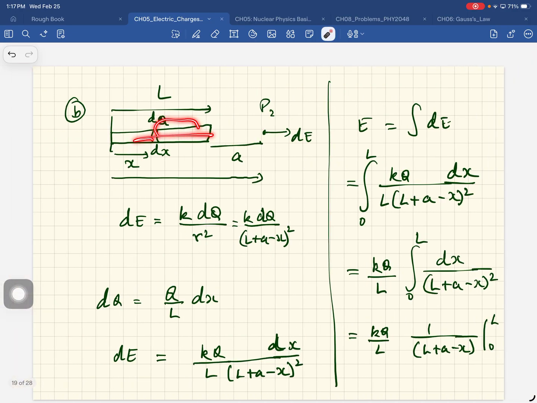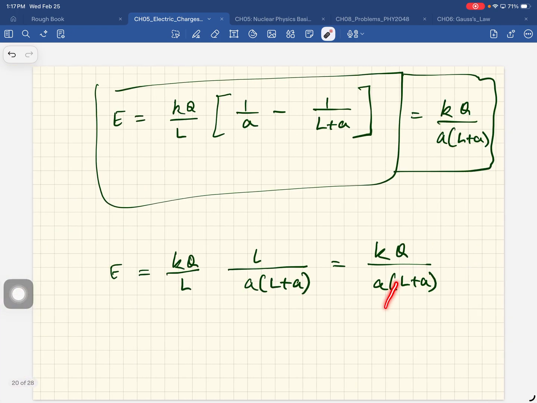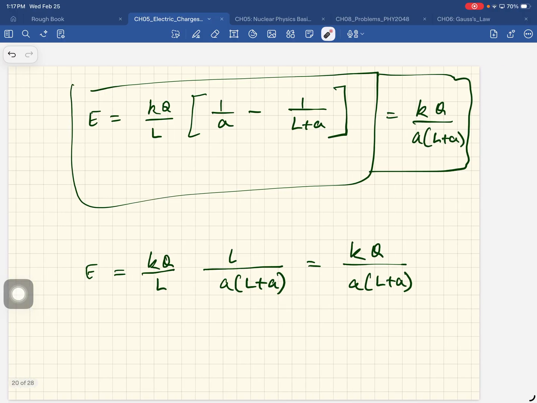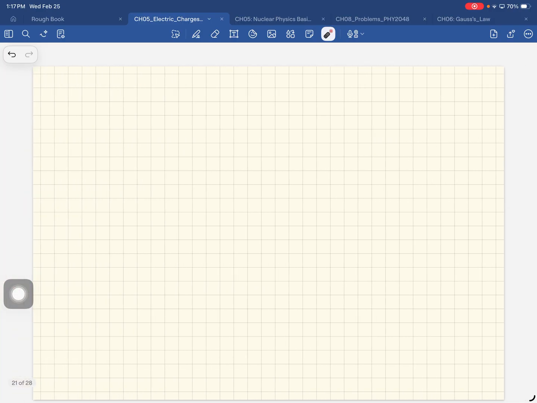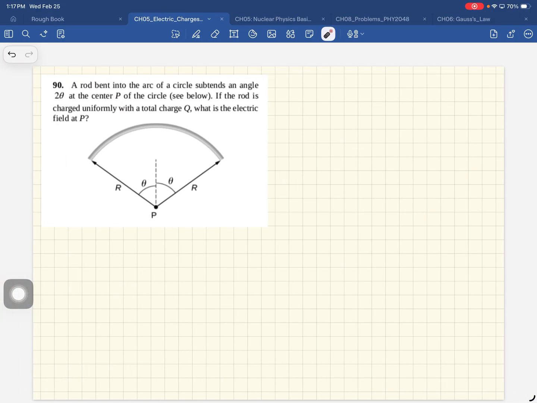All right, so here we go. Let's say this is dE, due to this dQ, and dE is k dQ over r squared. r is constant.